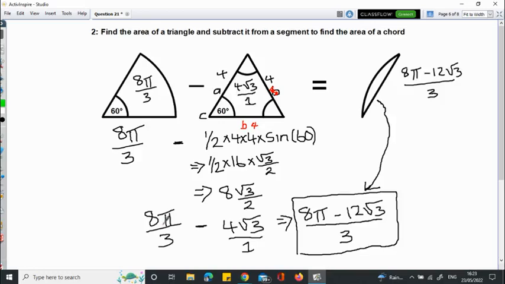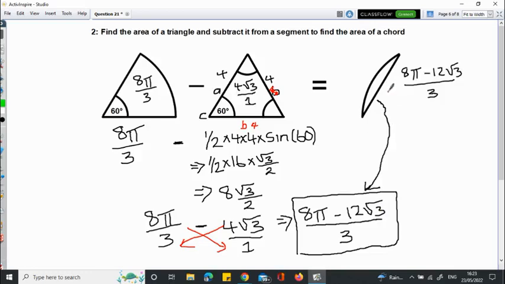And I'm going to take that away from this 8 pi divided by 3. So we just times the denominator and then cross multiply this, so 8 pi times 1 is 8 pi, and minus 4 root 3 times 3 is minus 12 root 3.